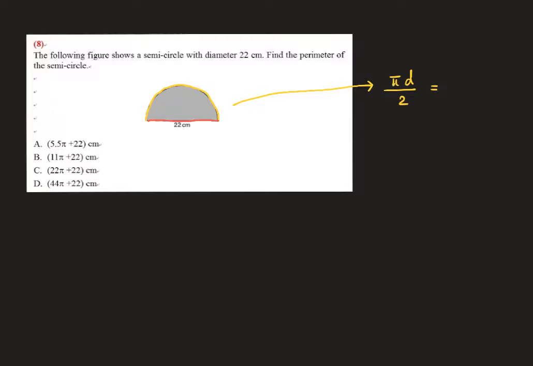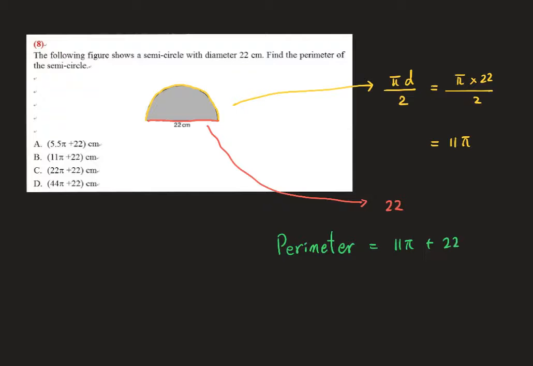So this part is pi times 22 divided by 2, which is 11 pi. And for this part, very obvious, 22. So the perimeter is equal to 11 pi plus 22, and the unit is cm. So the answer is B in this case.